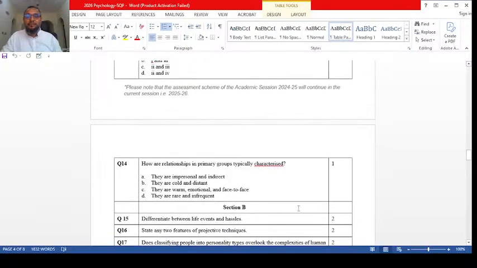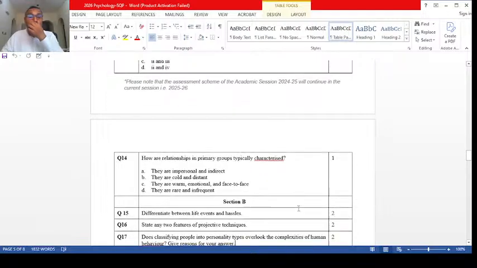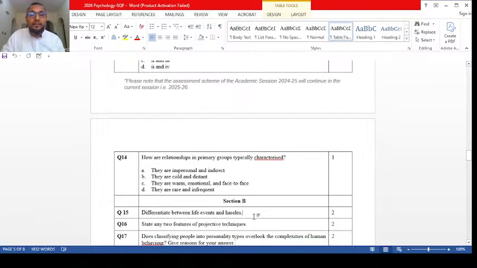Next, my children, let's move to the section 2 mark answers. Differentiate between life events and hassles. This question is taken from chapter 3, topic sources of stress. Hassles are things which happen very often in our daily life, like shortage of water, shortage of electricity, quarreling neighbors, troubling people.